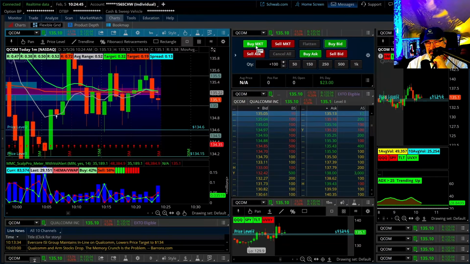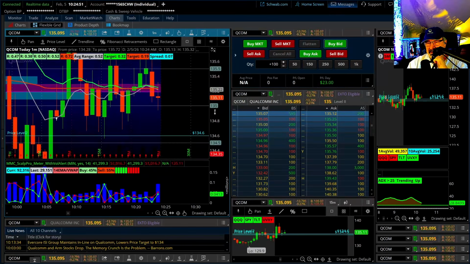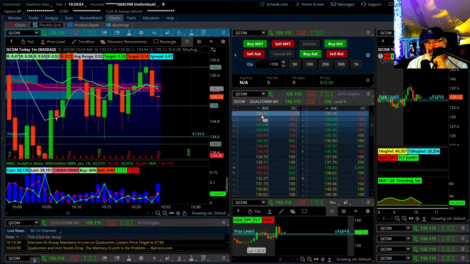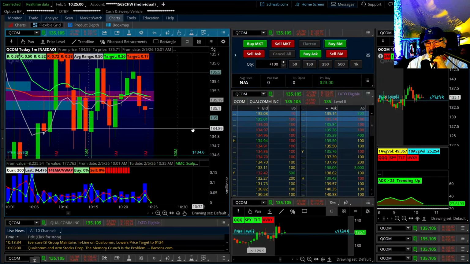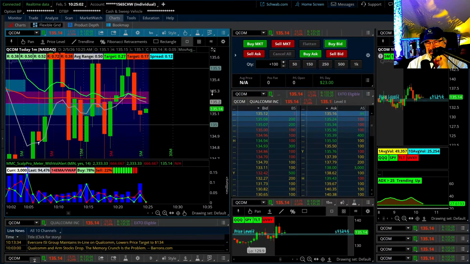Current volume just increased. Did it increase to go down or did it increase to go up? Yep, that was already the recoil. We missed it. Could have got in right around 135, went up 17 cents. Wouldn't have been a great trade, but it would have been a trade.